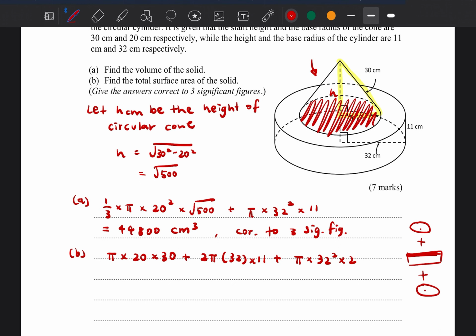The cone and the cylinder are stuck together, so this red part here is not in contact with any air. So you have to minus this shape here, which is pi r squared of that cone. Now you just put everything into your calculator and you will get 9,270 cm squared, correct to three significant figures.